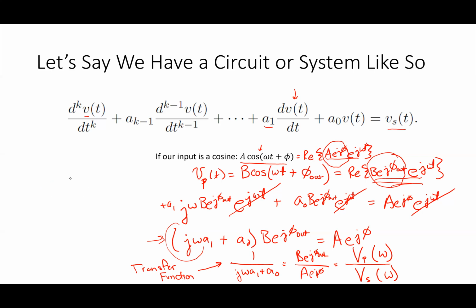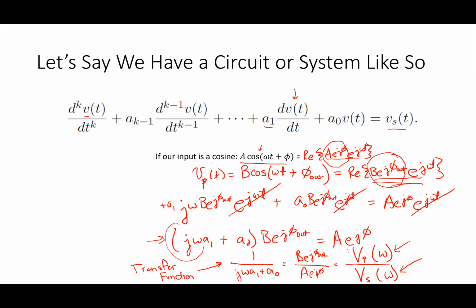But what that transfer function actually relates is the Fourier transform of the output to the Fourier transform of the input. All right, and we use that all the time. So what this says is, if I know the input to a system, which could be a circuit, how does that system modify the Fourier transform of the input to get to the output? All right.